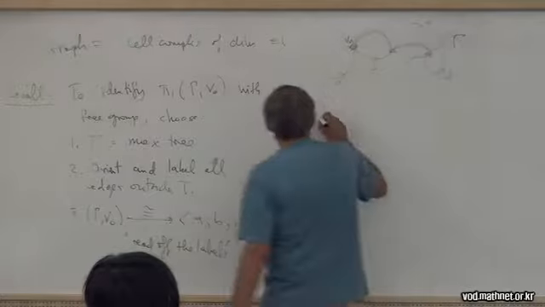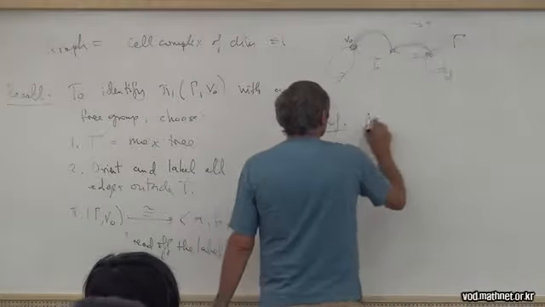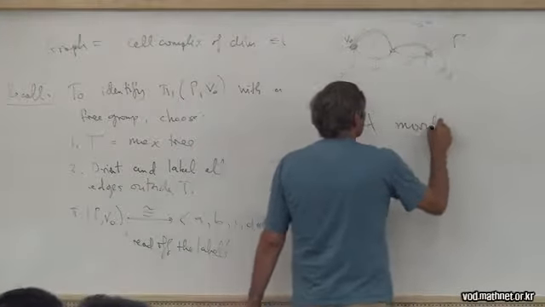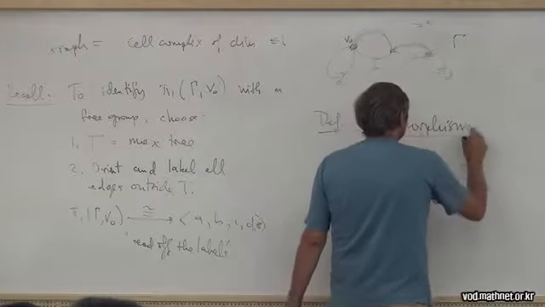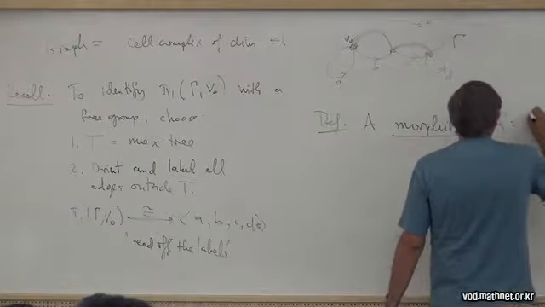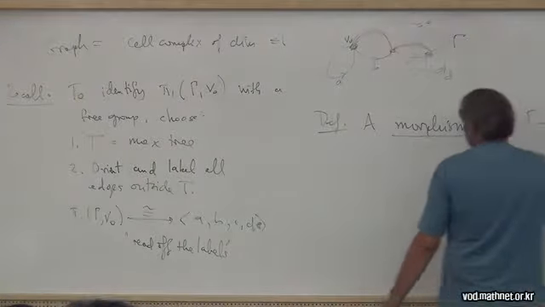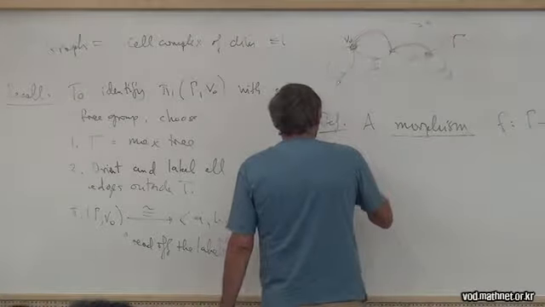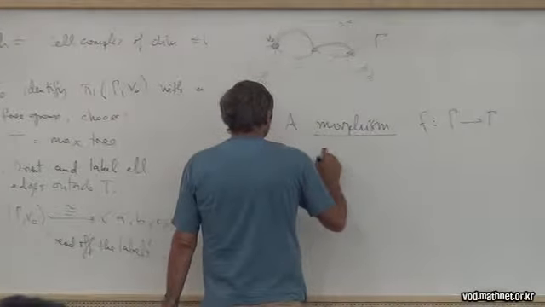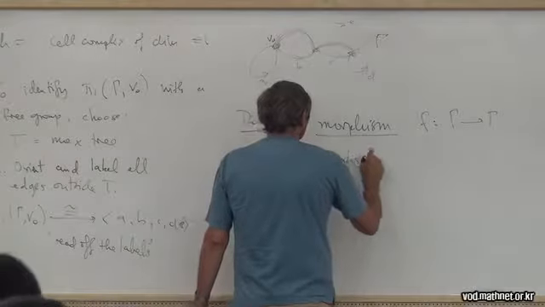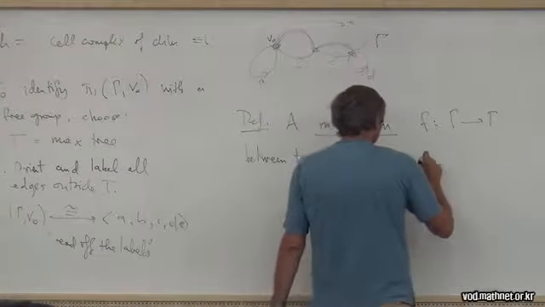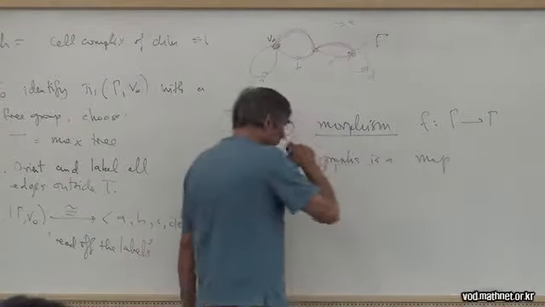Definition: a morphism f from gamma to gamma prime between two graphs is a map. Maps are always continuous.